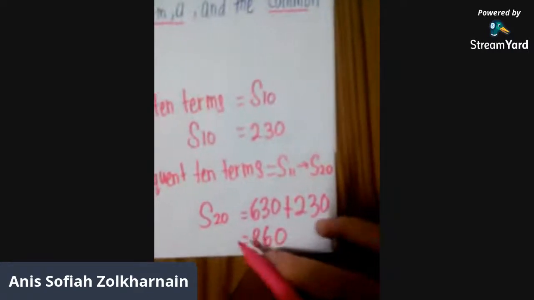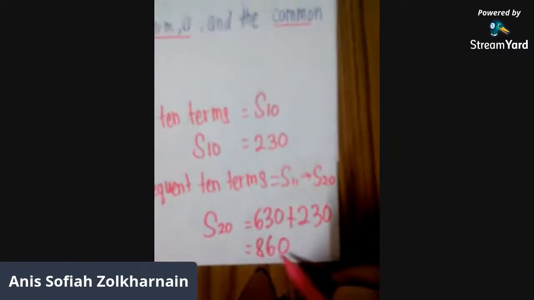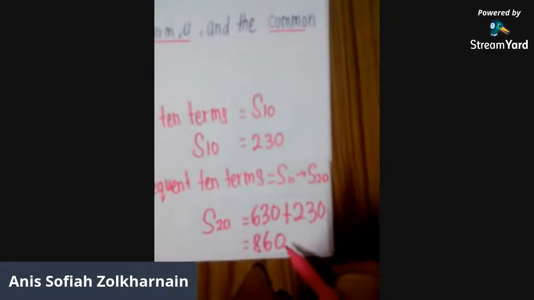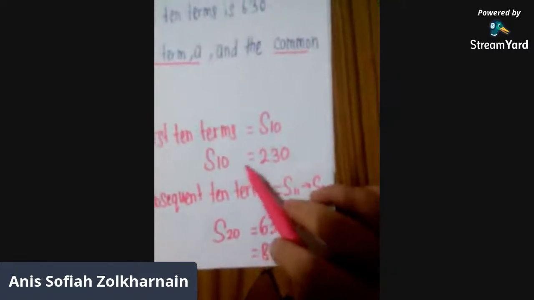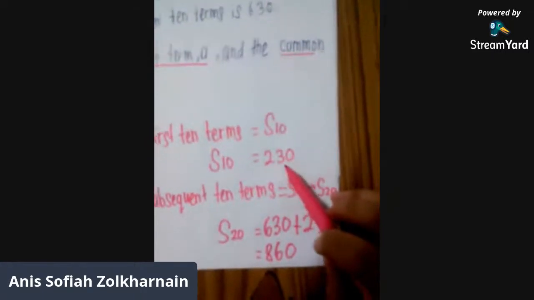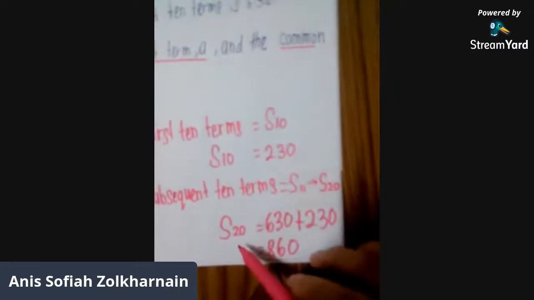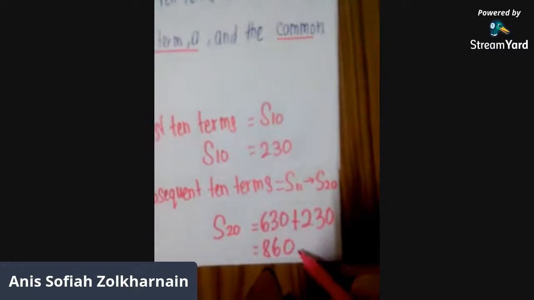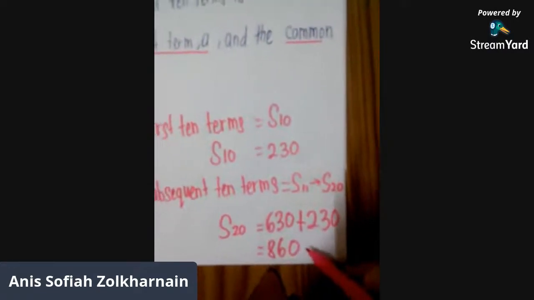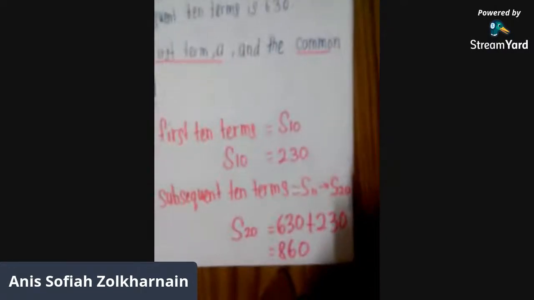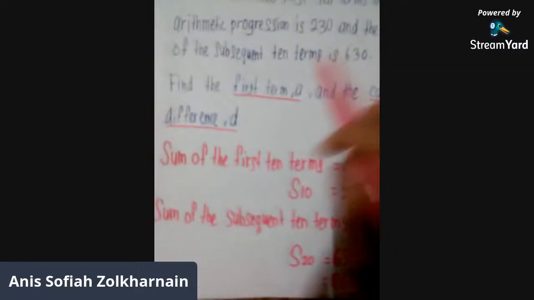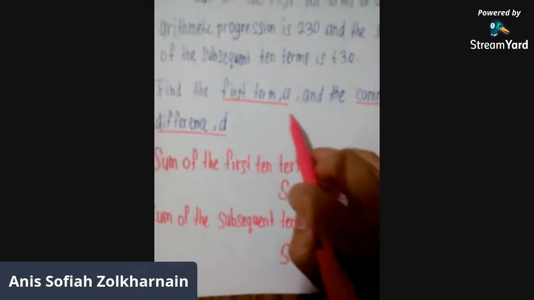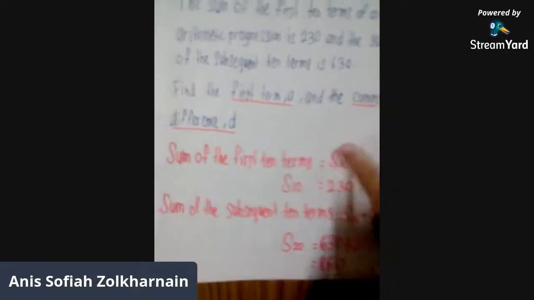So we will get S20 equals 860. So here we have two values, S10 equals 230 and S20 equals 860. I hope you understand. So we will move on to find the first term and the common difference.